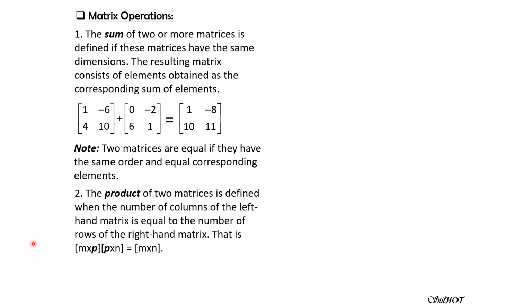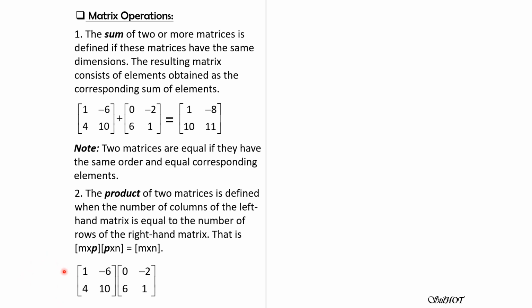It's like canceling this p, the number of columns of the left-hand matrix against the number of rows of the right-hand matrix. For example, we have here 2 by 2 times 2 by 2. So for the product, row 1 should be cross multiplied with column 1.